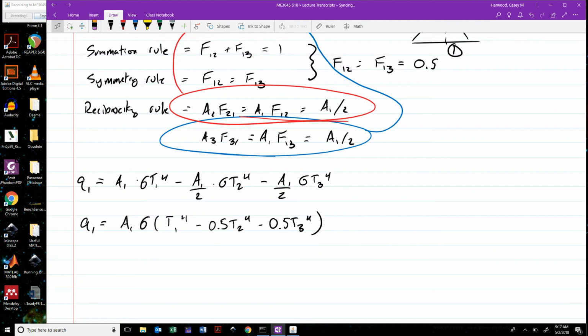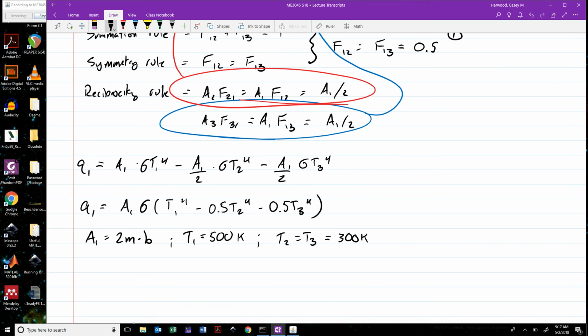So if we plug in the following values, A1 is equal to 2 meters times B. T1 is equal to 500 Kelvin. T2 and T3 are both equal to 300 Kelvin. And of course, our Stefan-Boltzmann constant, 5.67 times 10 to the negative 8th watts per meter squared Kelvin to the fourth.